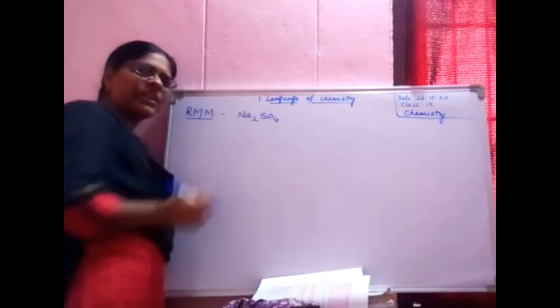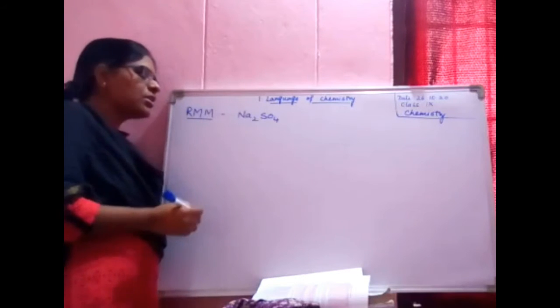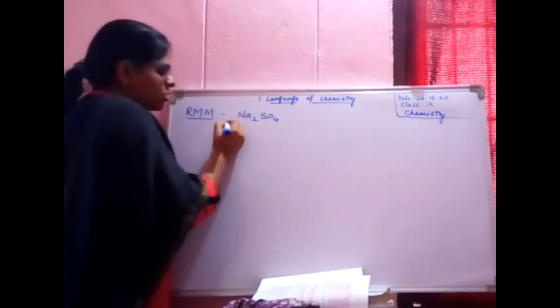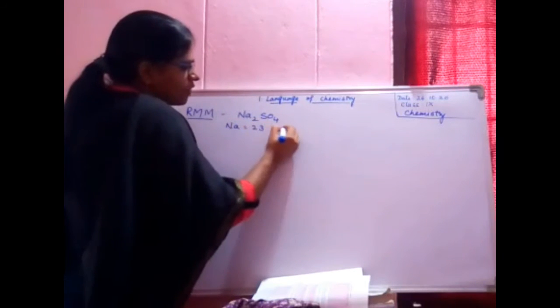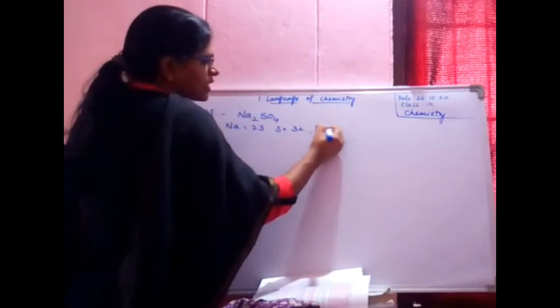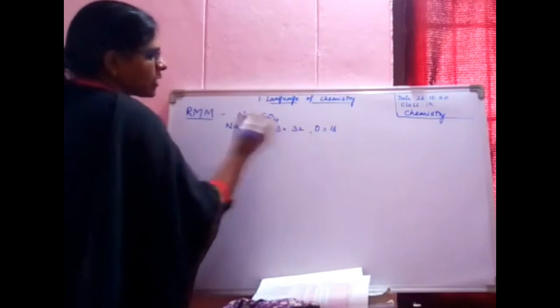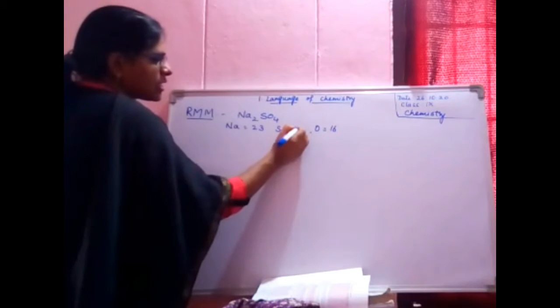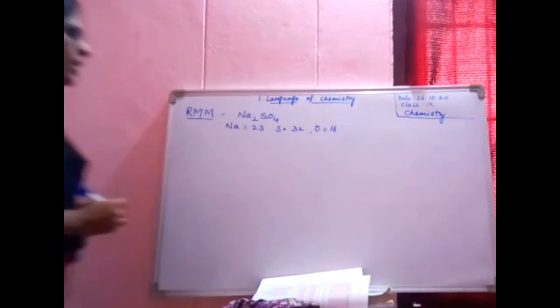Elements combine to form a compound. Okay? Sodium's atomic weight is 23. Sulfur is 32. Oxygen is 16. In 8th class you might have studied these atomic weights. Okay? Now look here.